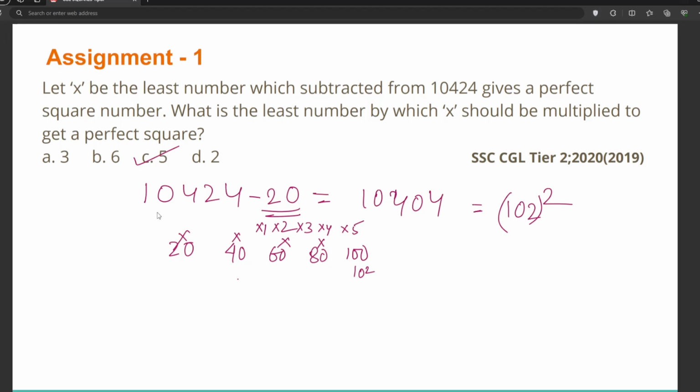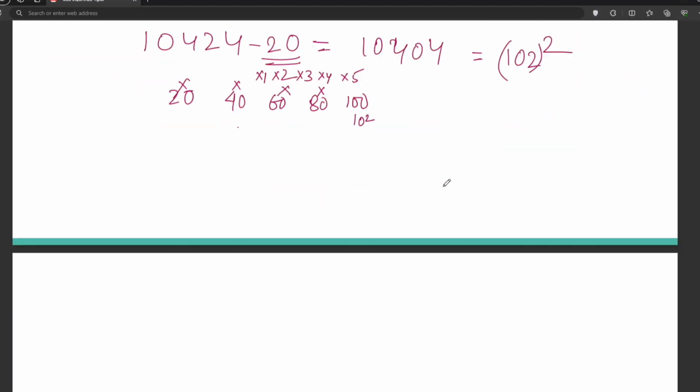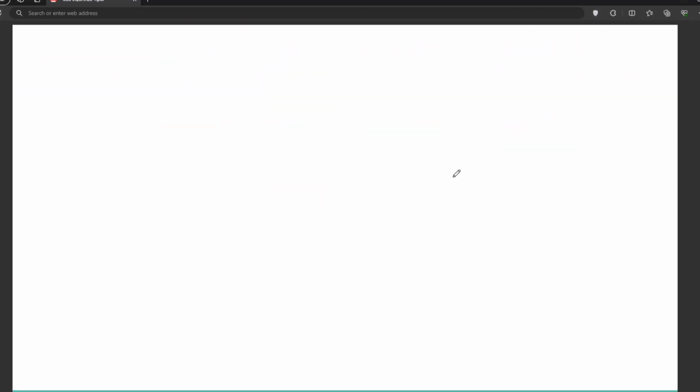Now you all have a question. How can we find the square root of a number? We can find the square root of a number using three methods.